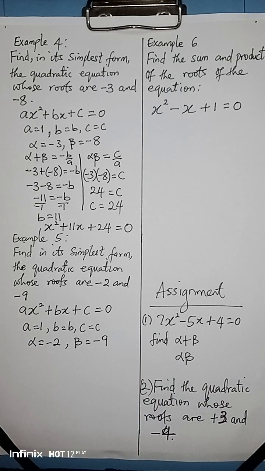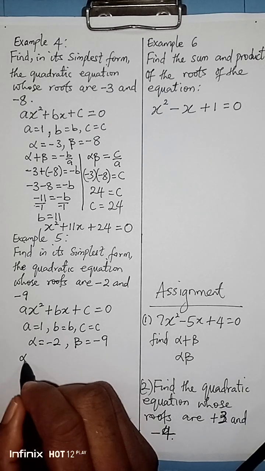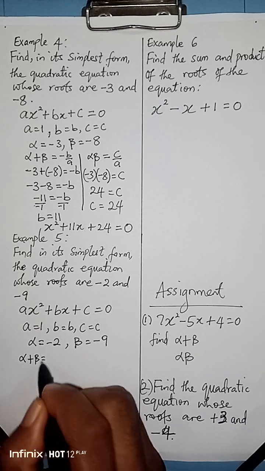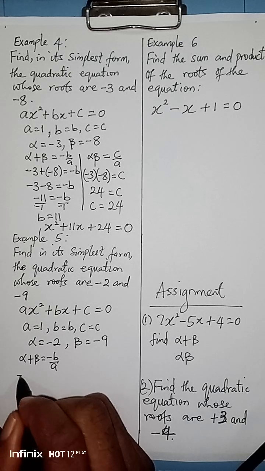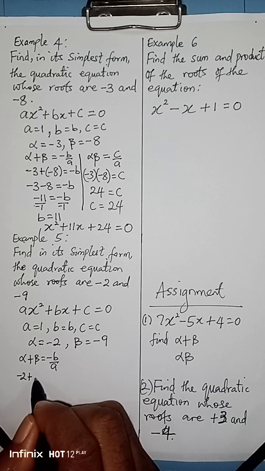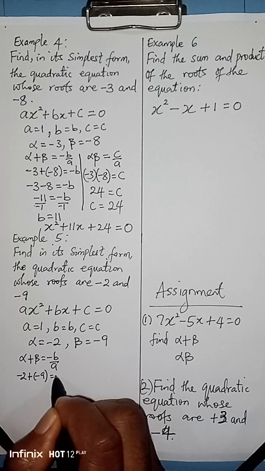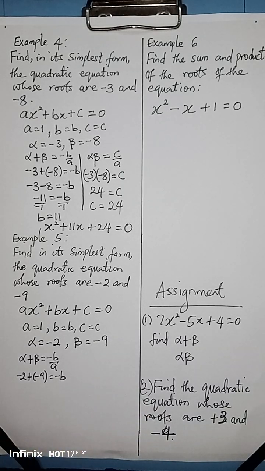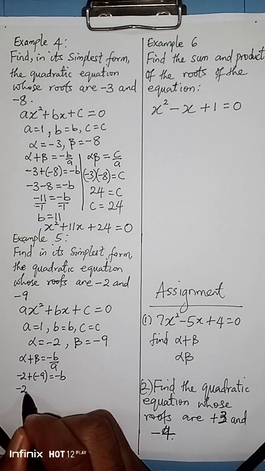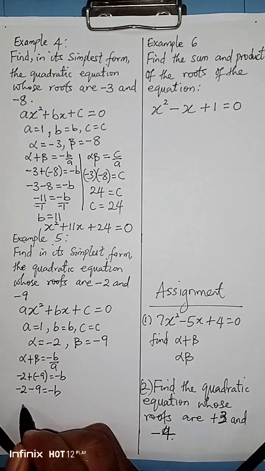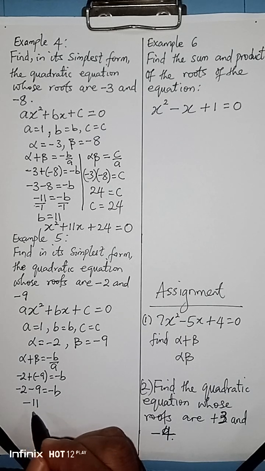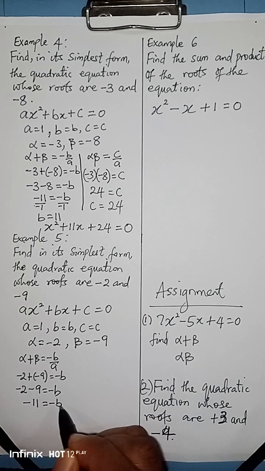So in this case, what do we do? The same procedure. Alpha plus beta is equal to minus b over a, which is -2 plus -9 equals minus b. A is 1. So this is -2 plus -9 equals minus b, which is -11 equals minus b.